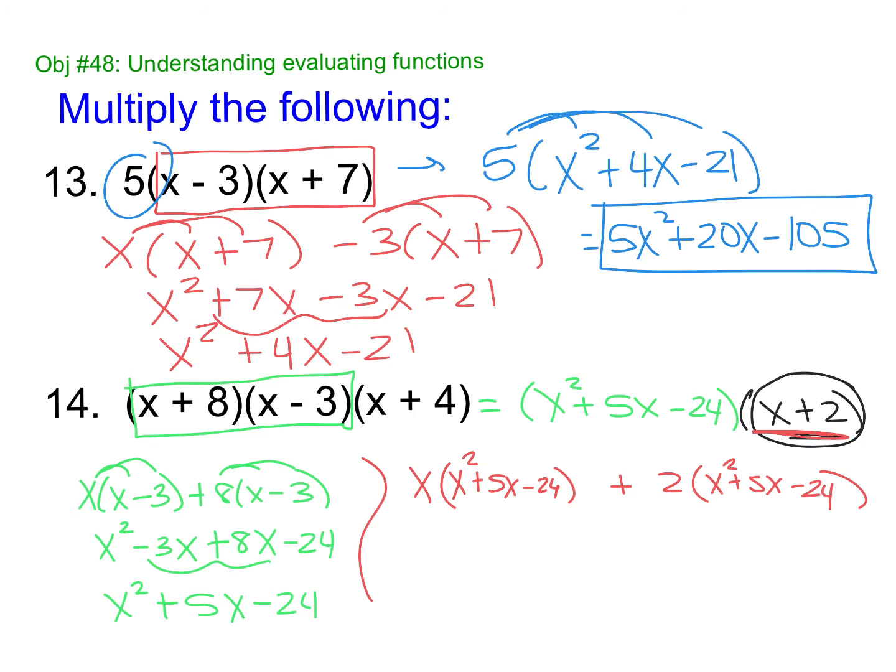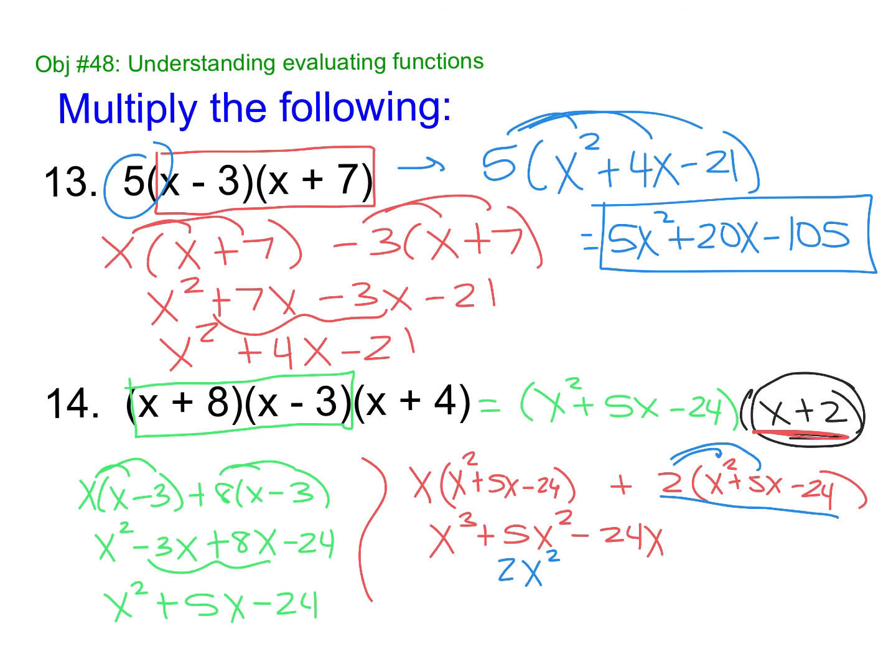These are a little harder, but take your time with it. So I distribute: x cubed, 5x squared, minus 24x. Now if you want, what I have done is I'll line these up as I go through. That's 2x squared. 2x squared is going to go underneath the 5x squared. 10x. Oops, I had a mistake.